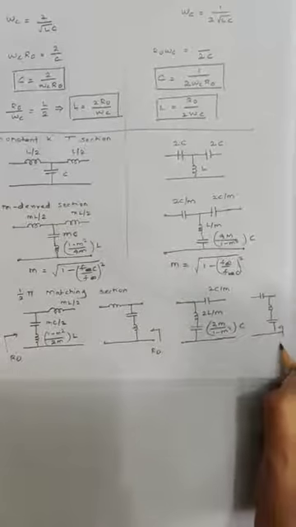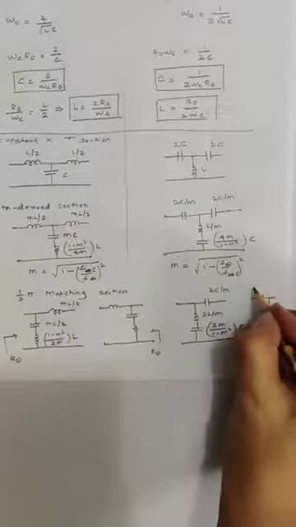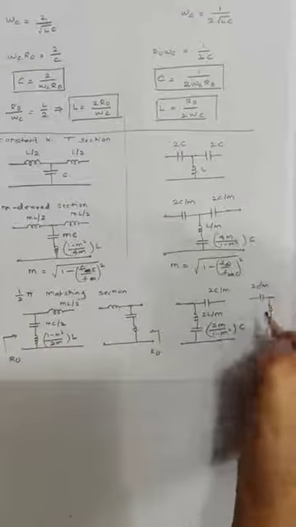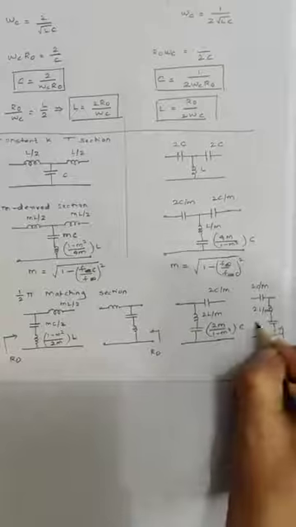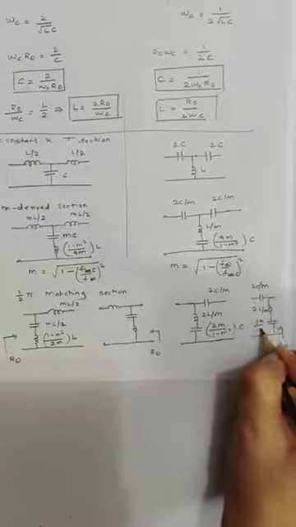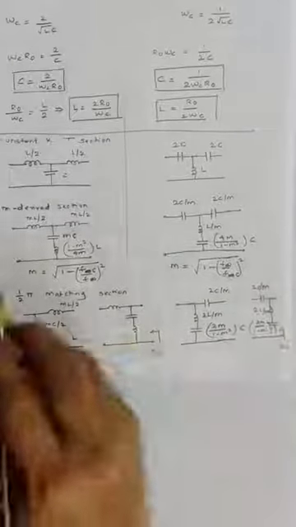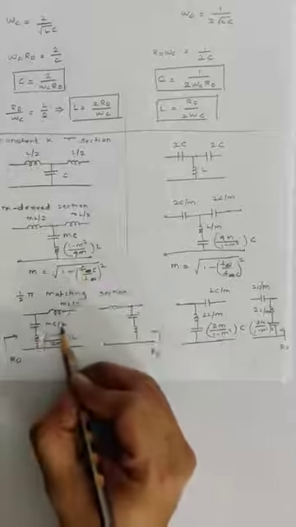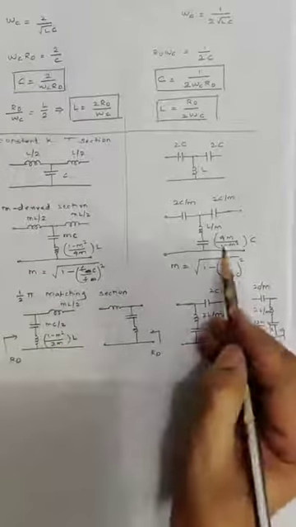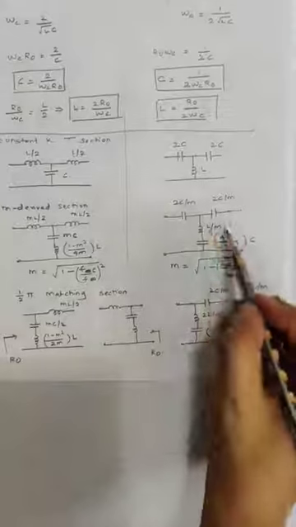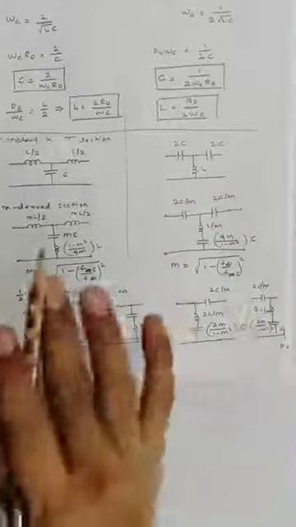So one can have R0 over here. Remember, this 4 you have to split like this, 2 and 2 over here, and this 4 you have to split like this, 2. Otherwise the component values are the same.